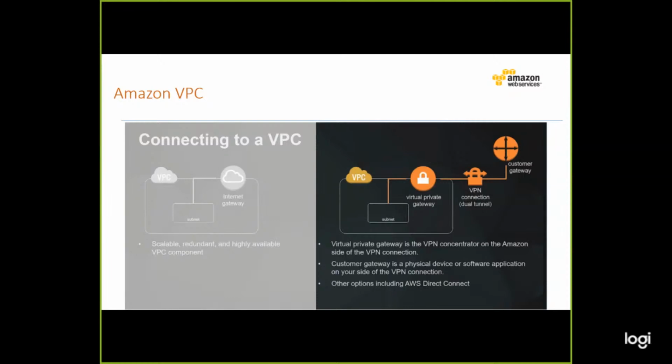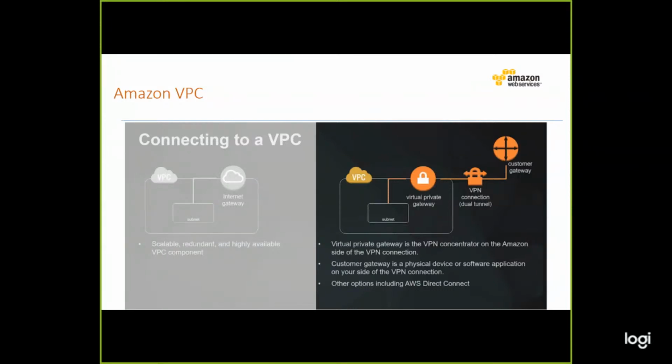That will lead to creating a VPN connection. It's a dual connection. It has redundancy built in, so the VGW, which is the Virtual Private Gateway, is the VPN connector on the Amazon side. And the VPN connection is the customer gateway in the physical device or the software in your premises.